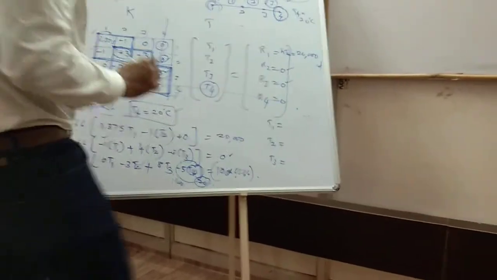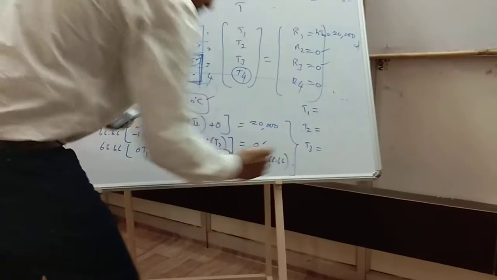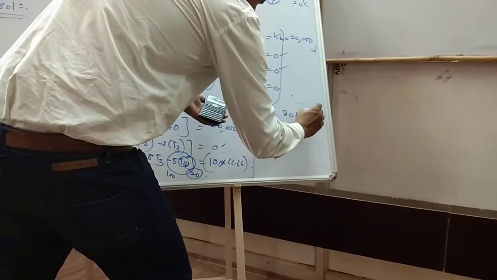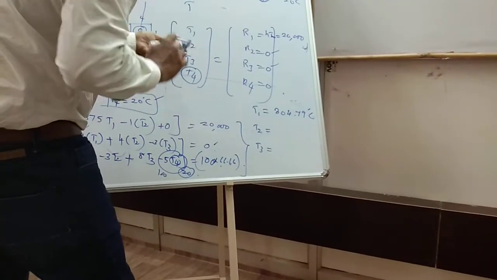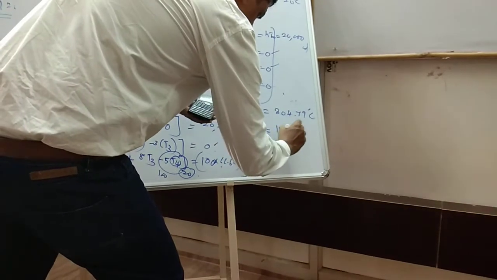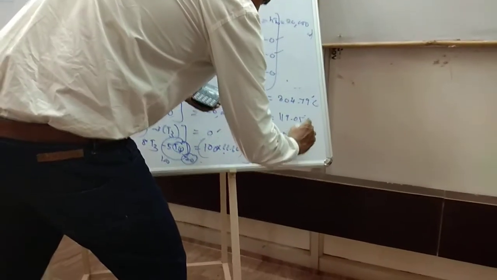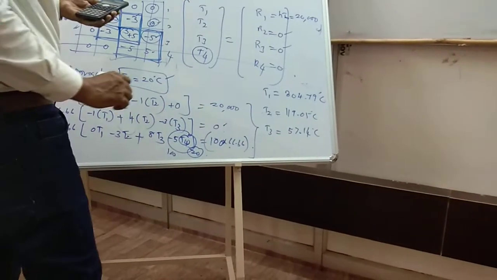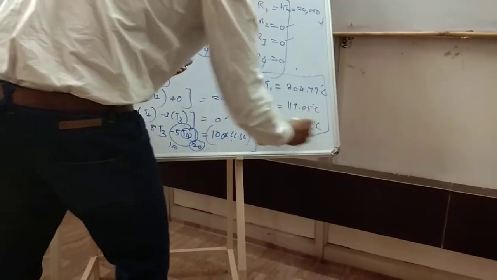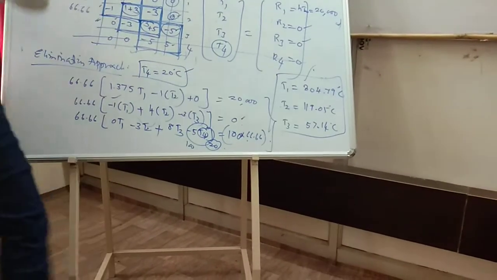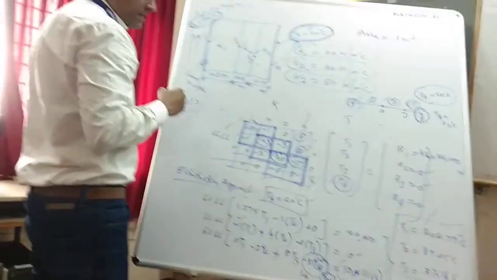After calculating, by solving these three equations, we got T1 equal to 304.79 degrees Celsius, T2 119.05 degrees Celsius, and T3 57.14 degrees Celsius. This is how we can determine the temperature distribution through the composite wall. Here you can observe that the ambient temperature is 800 degrees Celsius.